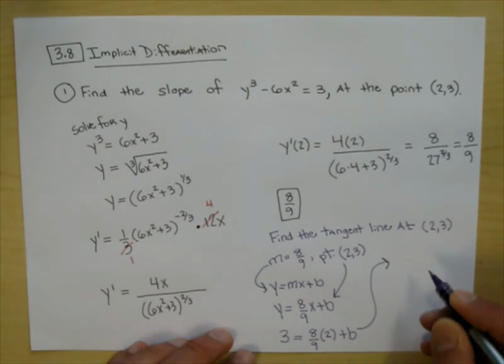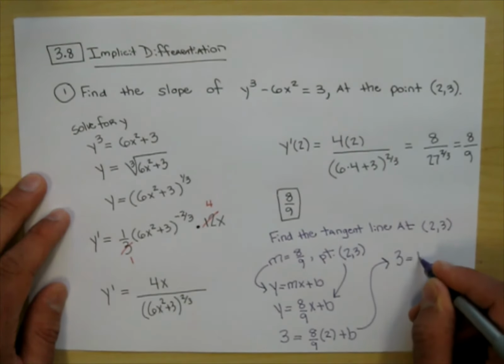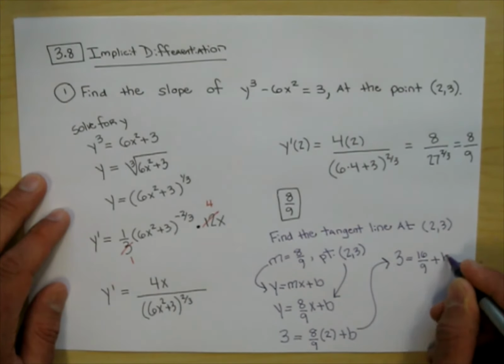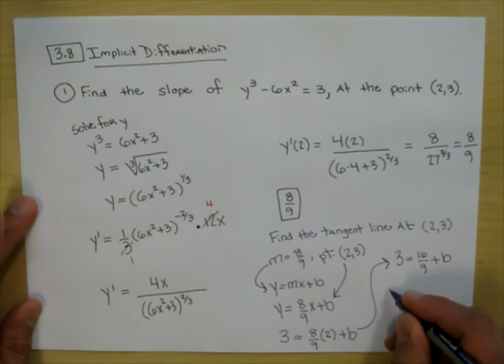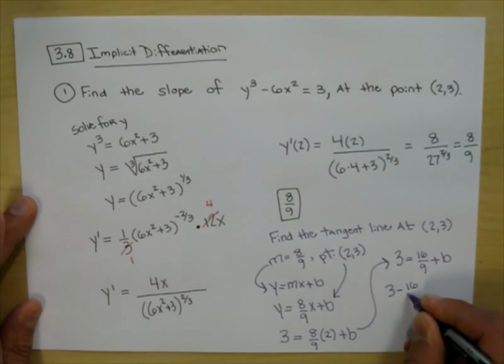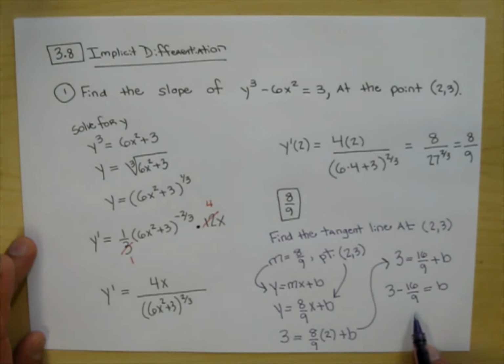So we'll bring it up here. 3 equals 16/9 plus b. Sometimes I'll multiply the equation by a 9, clear the fraction, and other times I'll just say, hey, I'm tough. Let's go ahead and do subtraction. So I'm going to subtract the 16/9 on both sides.